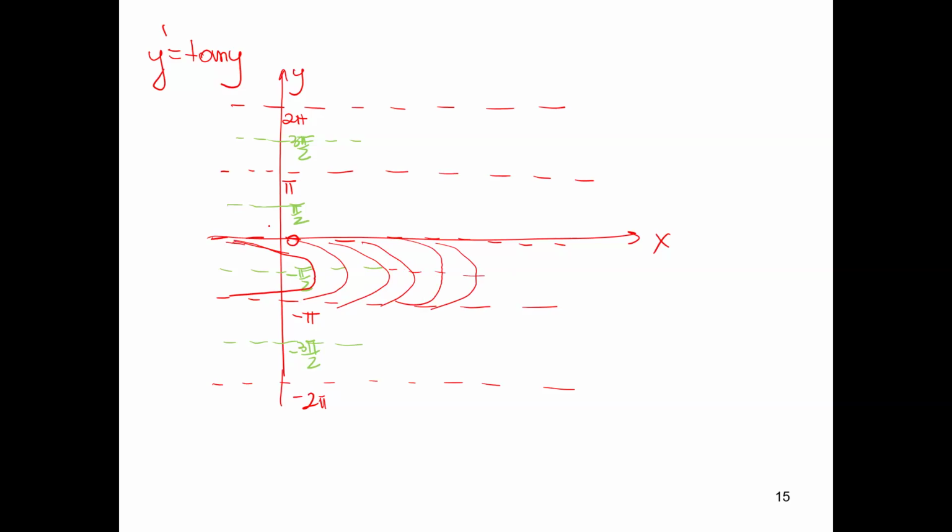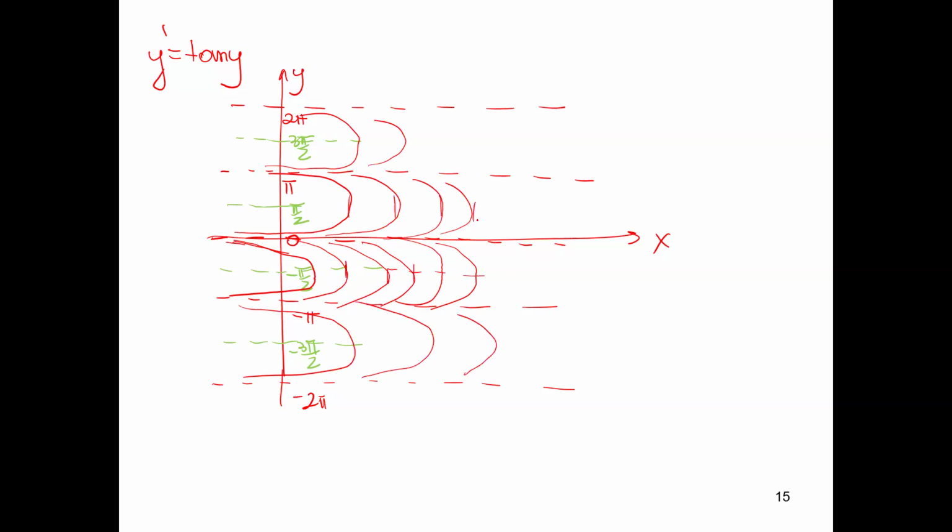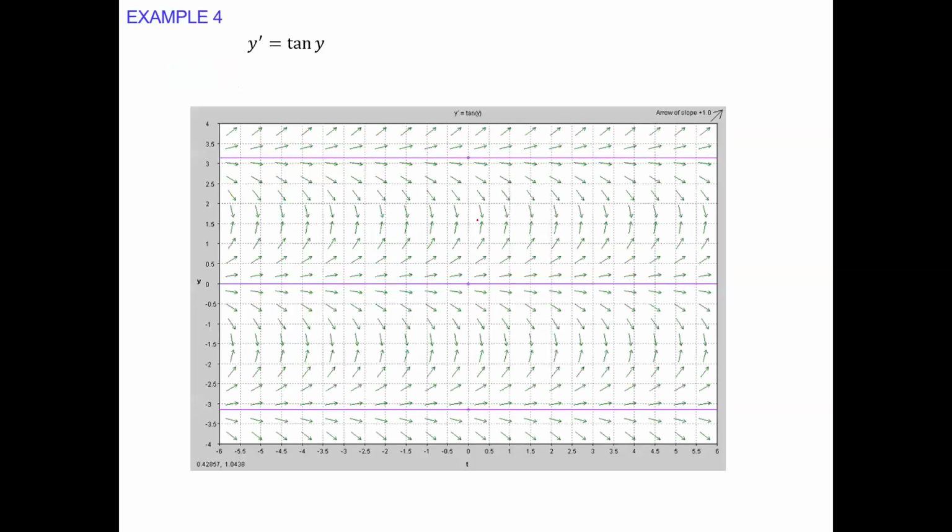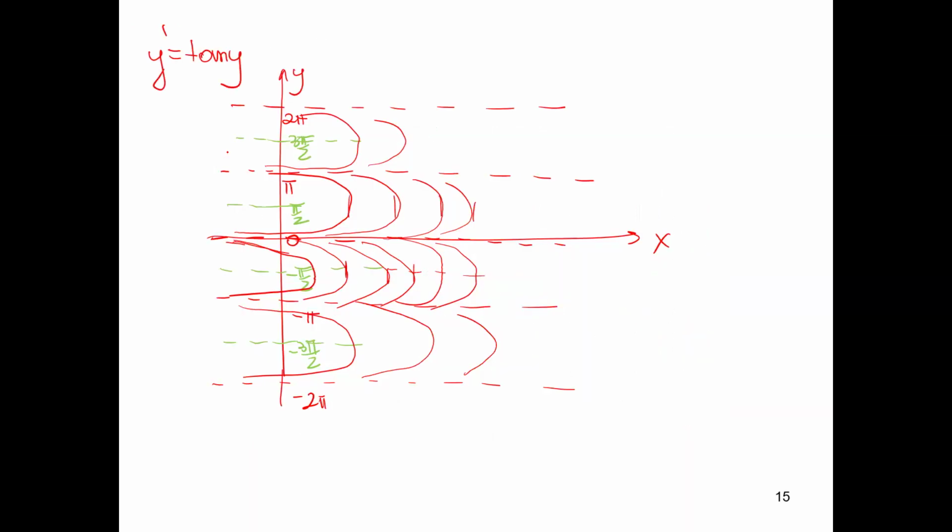And above, for values greater than 0, it is increasing, vertical, and again vertical. It's something like this, but at these points there are vertical slopes. Okay, interesting solution. That means all of the solutions are actually unstable.